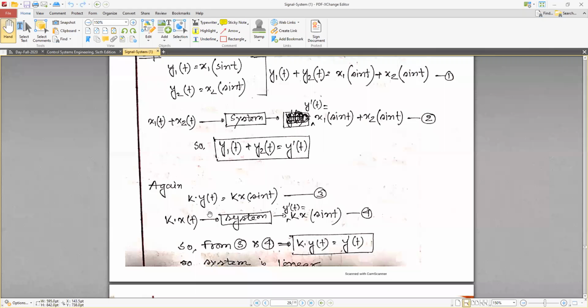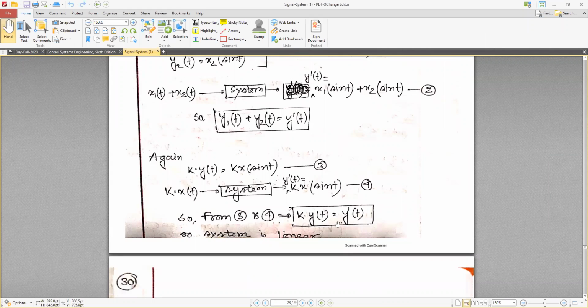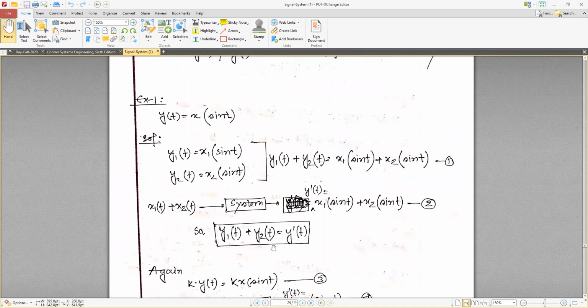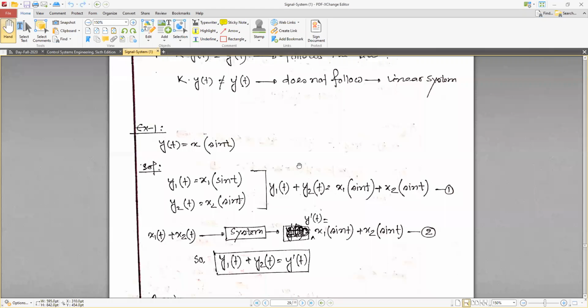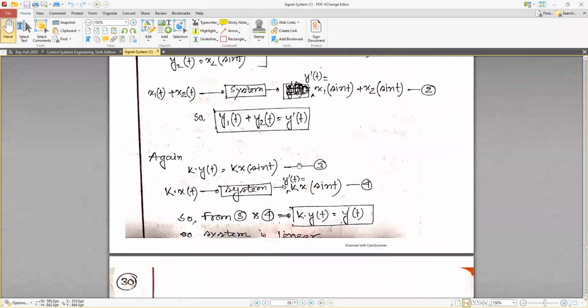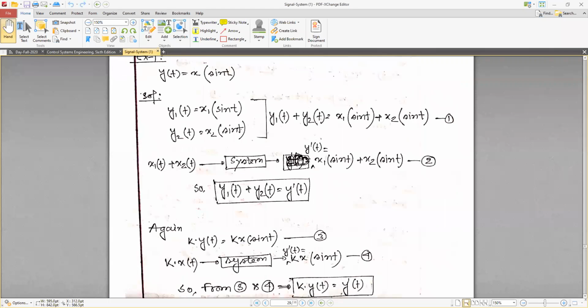Again, if I multiply by k, y(t) into k x(t), it is also the same. In that case, the system is linear because it follows all the superposition laws, both laws. If it follows both laws, then it is the linear system.